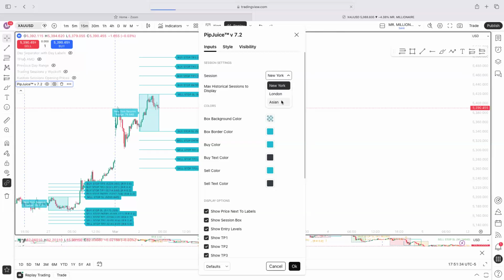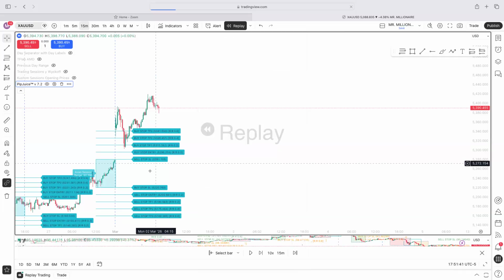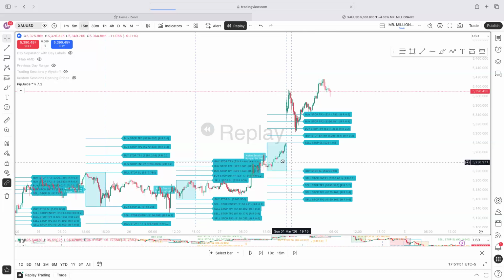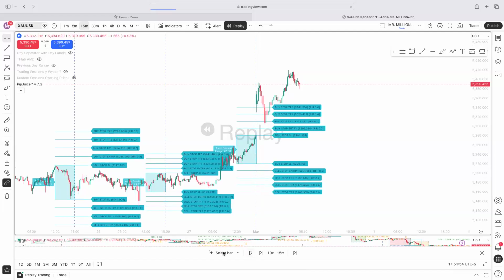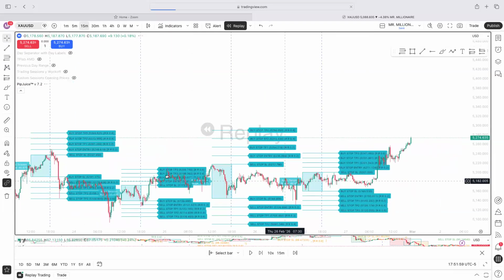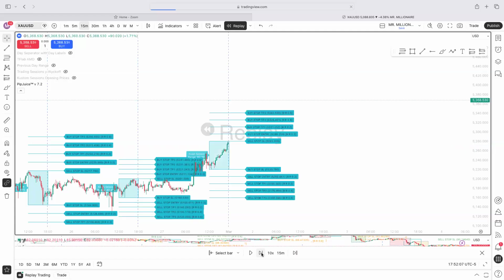If I change it to my Asian session settings, click Asia, click OK, my box actually moves and shows up around 6 o'clock p.m. So the New York session shows up at 5 a.m. and the one for the Asian session will show up at 6 p.m. So before 6 p.m., this is what your TradingView will look like. And then at 6 p.m., the candle shows up for 6. You'll get the rest of the data that you actually need. So just keep that in mind.